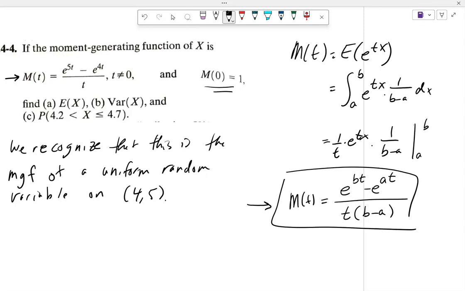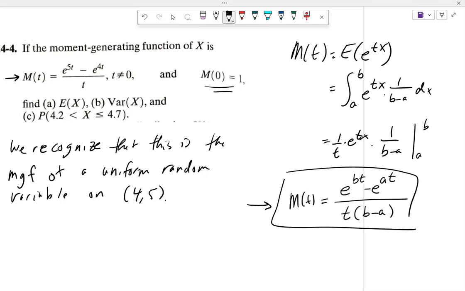So rather than working with a derivative and a second derivative to try to figure out the expected value of x and variance of x, I recognize that this is a uniform random variable based on its moment generating function, and then I can answer expected value of x and variance of x using the properties that we talked about before.